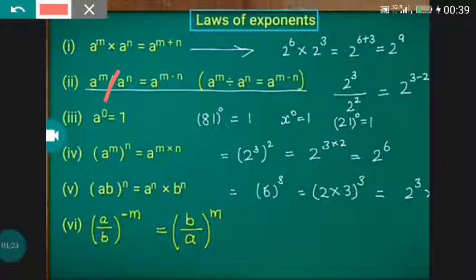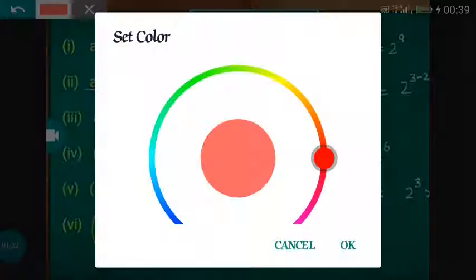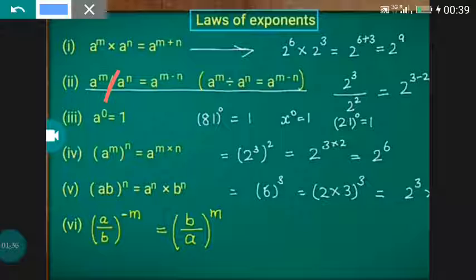The operation is of division, that the two are getting divided. So we can write it as this also, a raised to power m divided by a raised to power n. So whenever that is there, what happens? Pay attention. It is that a raised to power m minus n. What does it mean? That we will subtract the two powers. A base is same, so the powers will be subtracted.